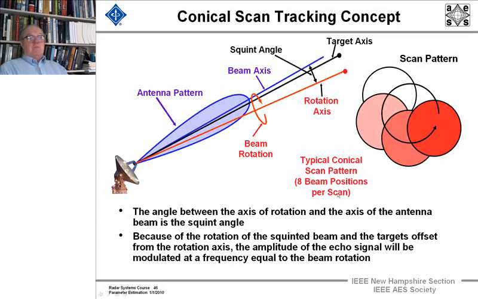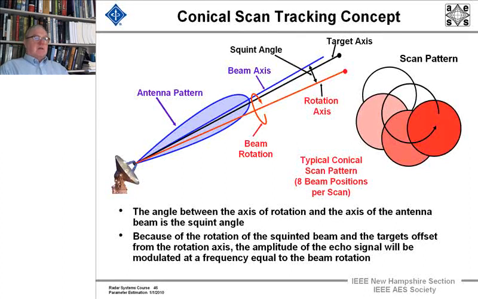Typically there'd be 8 beam positions per scan in a typical conical scan pattern, and then here, and then here, and then here. And they will all have different amplitudes, because of the rotation of the squinted beam, the target's offset from the rotation axis. The amplitude of the echo signal will be modulated at a frequency equal to the beam rotation.